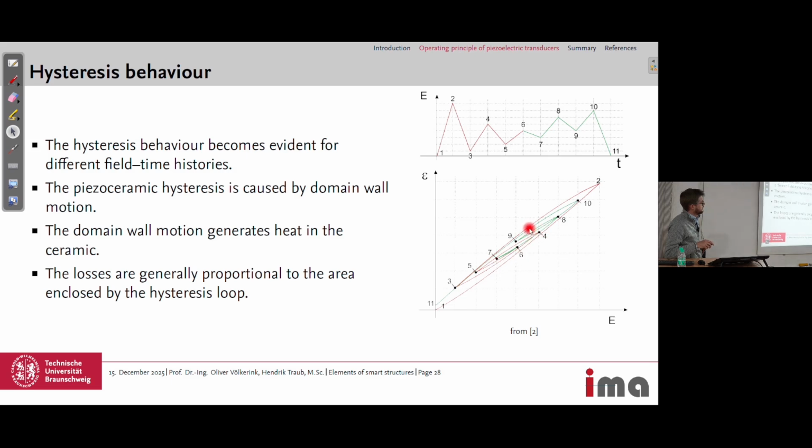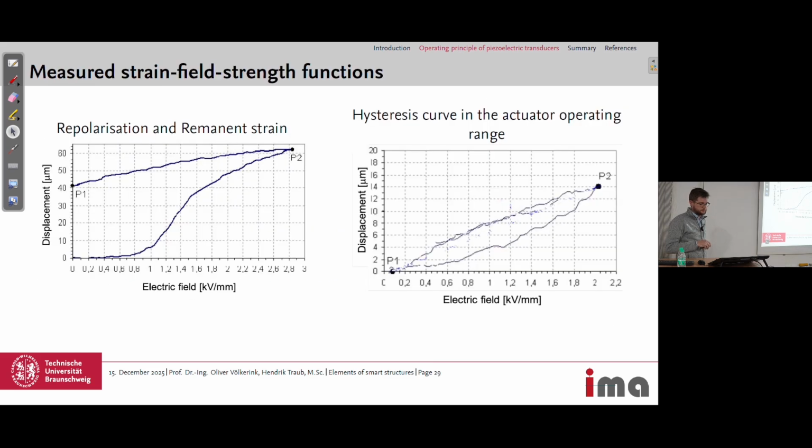We are here and remove it again and so on, and in the end we are coming back here to the origin. And it's caused by the domain wall motion. Well, one cause is the domain wall motion, which generates heat in the ceramic, so it heats up and this generates loss. So we do not have a 100% transduction of the energies.